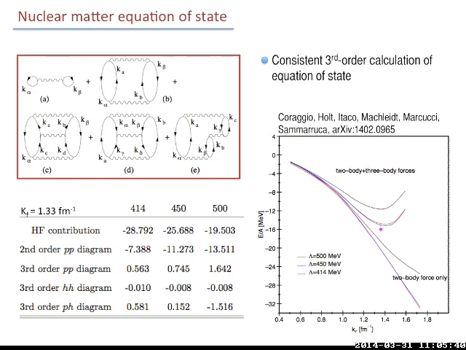Okay, any other questions before I go on to the next section? I wonder if the scale dependence would also go away if you did it consistently, even at N2LO.